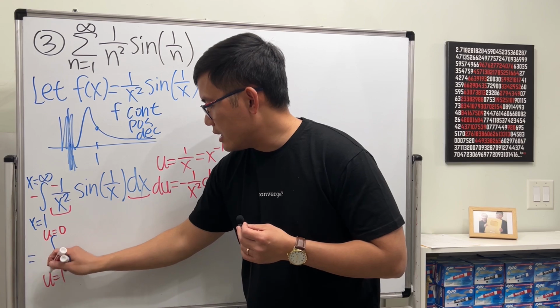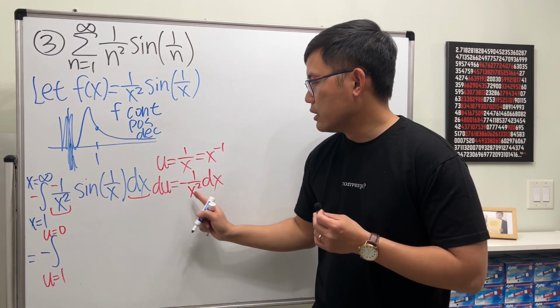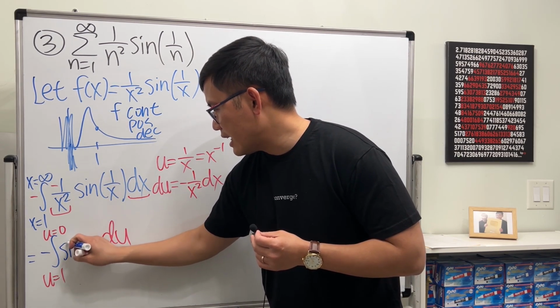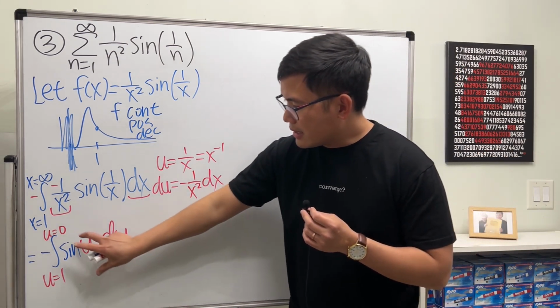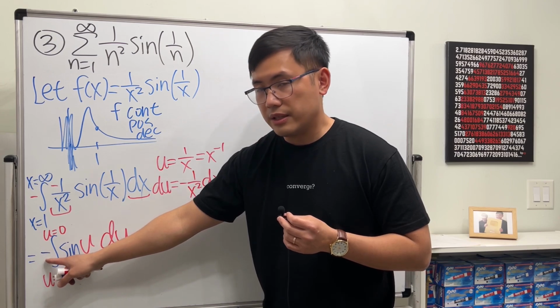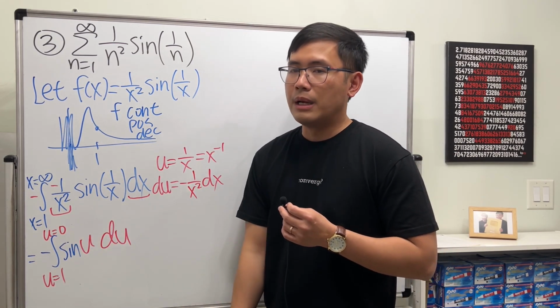Here we have the negative, and then this and that together is our du. And then here we have sine of u. If you are uncomfortable with this number being bigger than that, you can use the negative right here to switch the upper and the lower number, right?